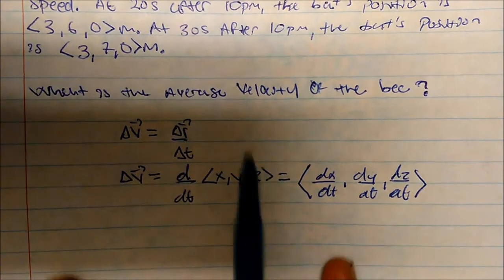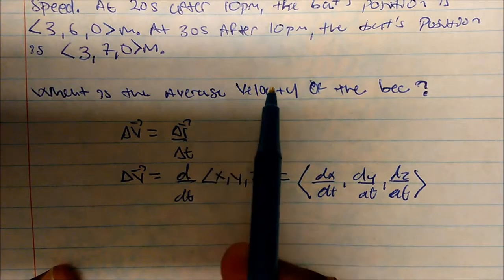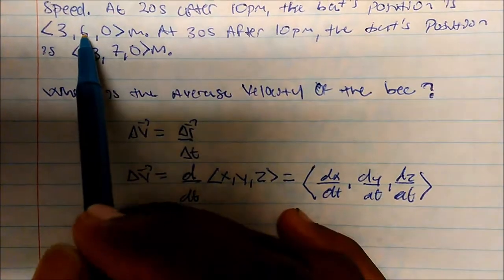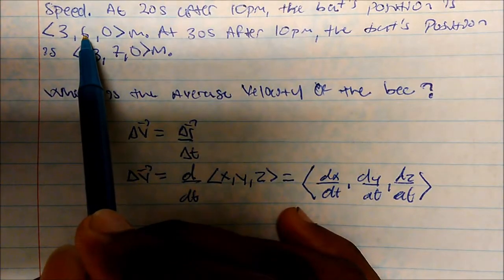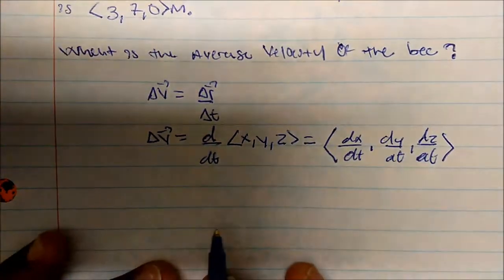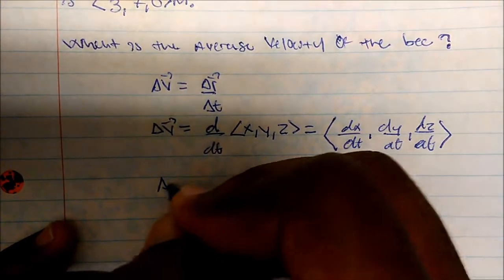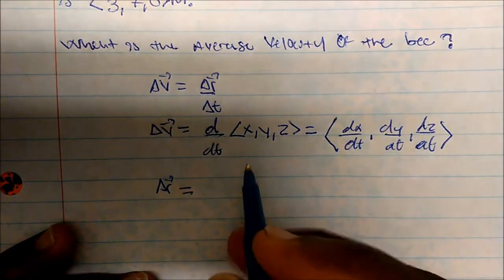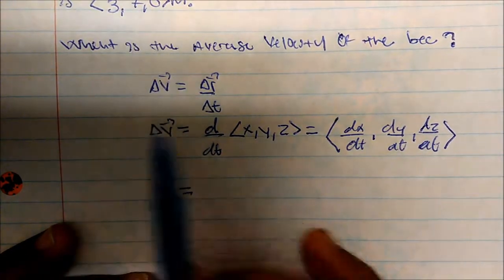So if I'm looking at this, initially it's at a position 360, final it's at a position 370. Therefore, the change in position will be R2 minus R1.